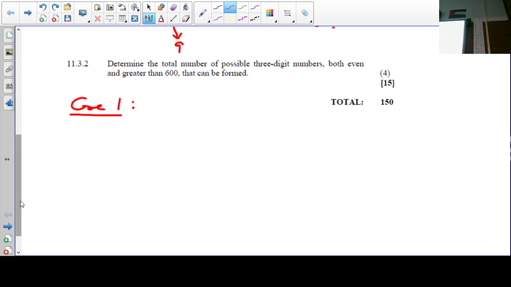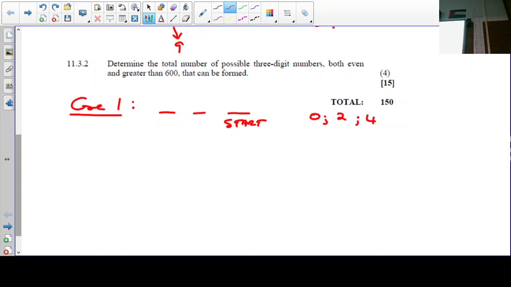In the first case, we start off with the fact that it has to be an even number. Remember, for this one, the last place can be 0, 2, and 4.